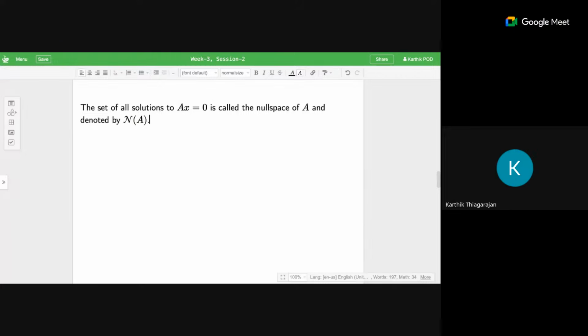Now from this you can actually conclude the following: if Ax equal to 0 has a unique solution, then null space of A is equal to what? 0. Yeah, it's the 0 subspace, right? So remember, first thing is that we already saw this.